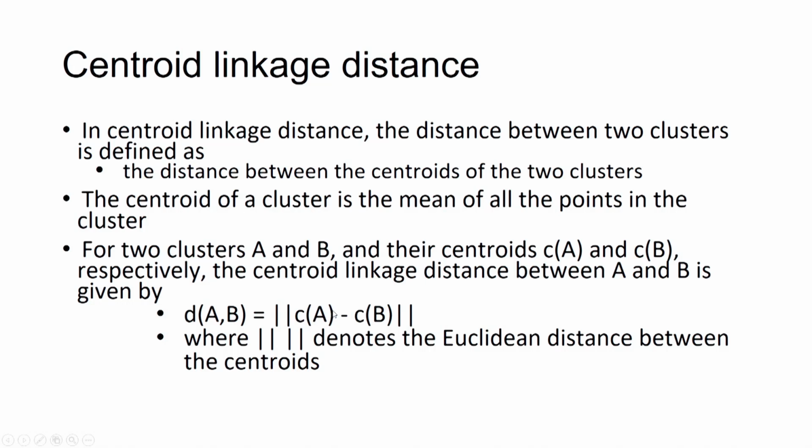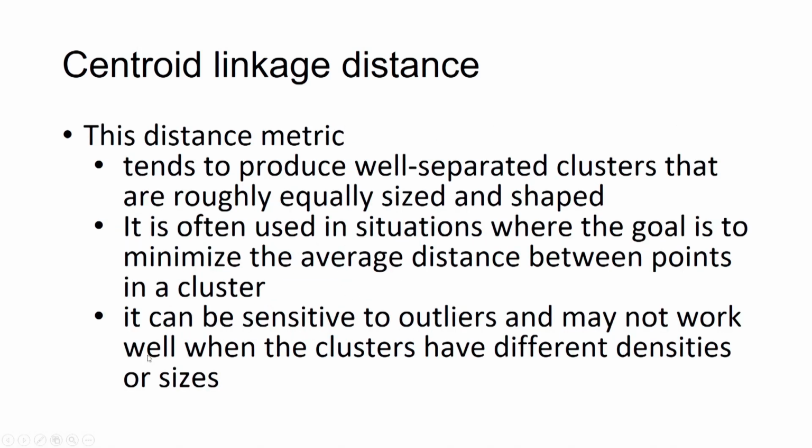Any other distance can also be taken, but we need to find the distance between two centroids, and that is called centroid linkage distance. If we take centroid linkage distance as the distance between two clusters, then it will produce well separated clusters that are roughly equally sized and shaped.